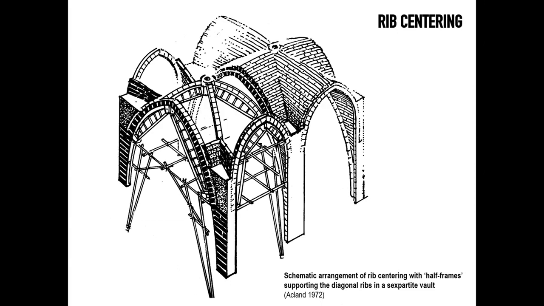But the sexpartite vaults were also built with similar principles, where you would have had, again, four diagonal ribs, semicircular, built with half frames, and then further down, of course, on the sides, two more centering systems, very often supported with some scaffolding systems that sprang from the piers and then allowed access straight under the vaults.